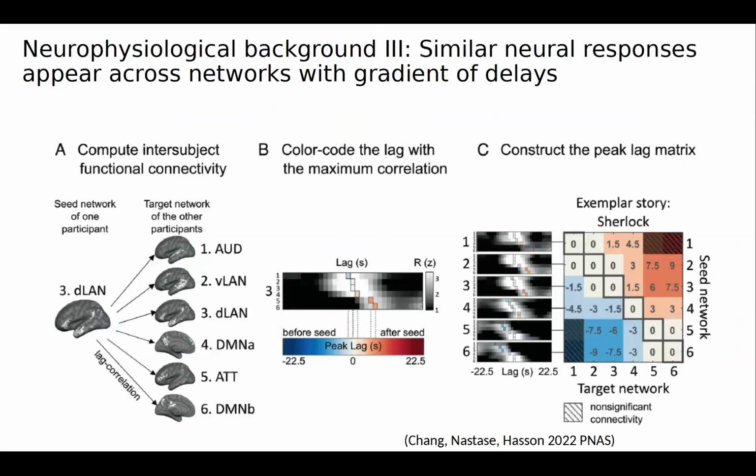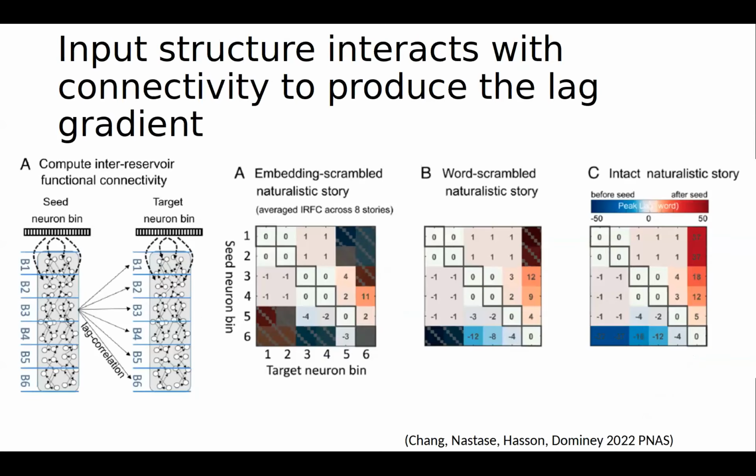And then finally, just to finish, we go back to the third study that I showed you, where Chang and colleagues measured the correlation between different networks, and then what was the time delay required to find that correlation, and showed this lag matrix. So we can do exactly the same experiment with the model.